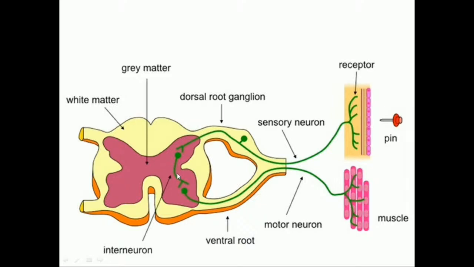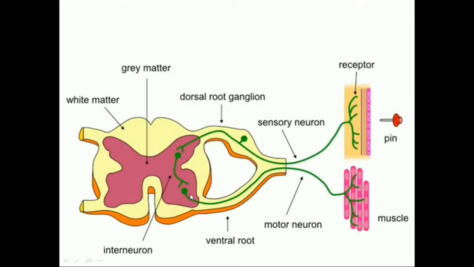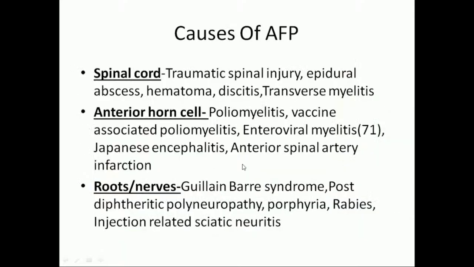Then there is an interneuron, it sends signals to the anterior horn cell, and from the anterior horn cell there is a ventral root. There is a motor neuron, it supplies the muscle, and there is an effect. So this is the lower motor neuron arc, and if there is a problem in any part, then it leads to acute flaccid paralysis.